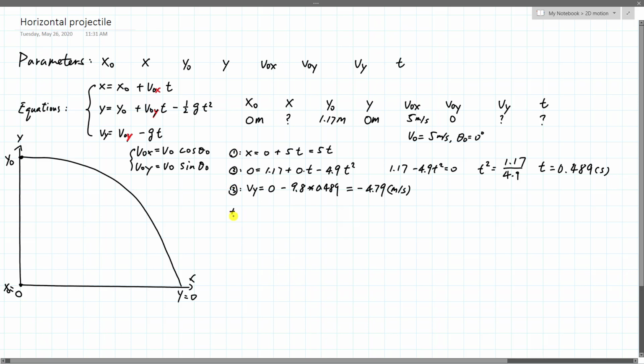So I want to plug t into equation 1. So x is equal to 5 times 0.489. So roughly 0.5, 2.5, right? Roughly 2.5.